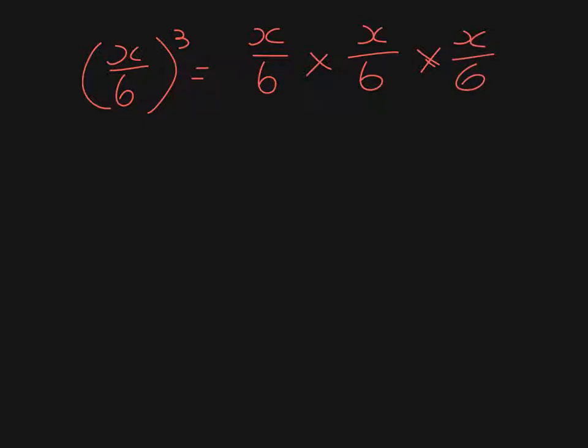So we have this 3 times because of here. All right, moving on. How could we say this better? So we could say we have x to the power of 3 over 6 to the power of 3. So that's where we have simplified it.